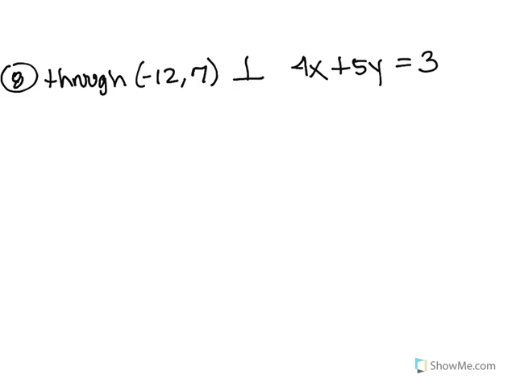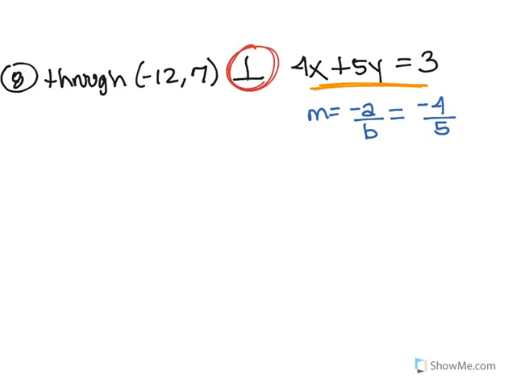I'm giving you another equation, and all you have to do with this equation is find the slope. We find the slope by doing minus a over b, which would simply be -4 over +5. So the slope of this line is -4/5. Now, I didn't ask for parallel though.